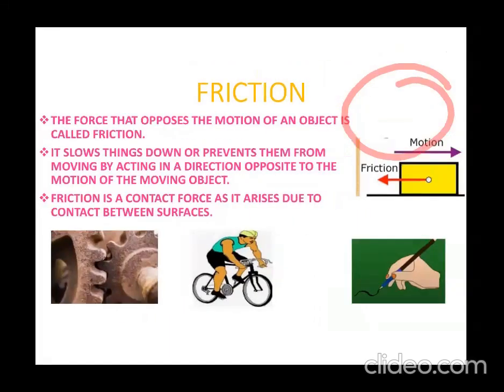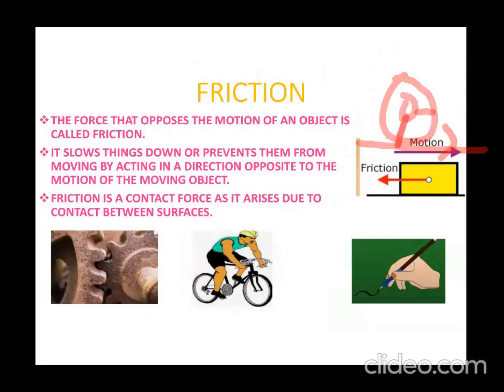The second type of contact force, means the two objects are in contact, right, is the frictional force. So frictional force, children, is the force that acts opposite to the motion. Suppose the football is rolling to the right side. So opposite to this, that is towards the left, a force will act, and that force is the force of friction.